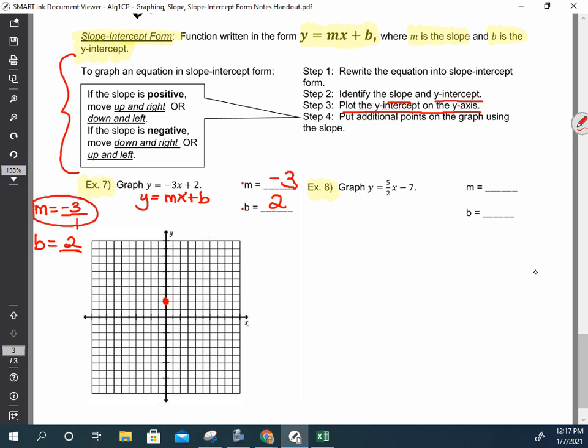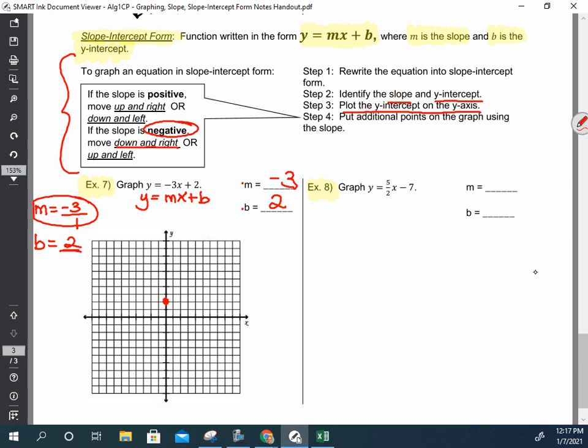Now we look at the slope. Is the slope positive or negative? Negative. So if the slope is negative, then you're going to move down and to the right.